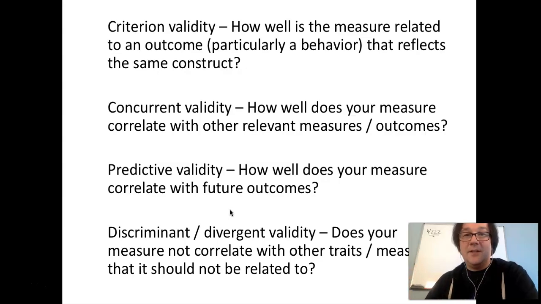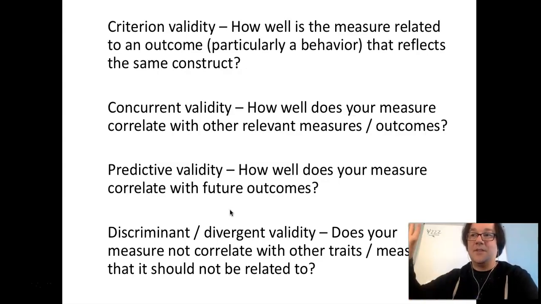So if I'm doing, again, my sexism scale, and if you score high on my sexism scale, I expect you to score high on the homophobia scale. That would be concurrent validity. But if you're high on the sexism scale, let's say I would expect you to score lower on, say, a women's rights scale, right?